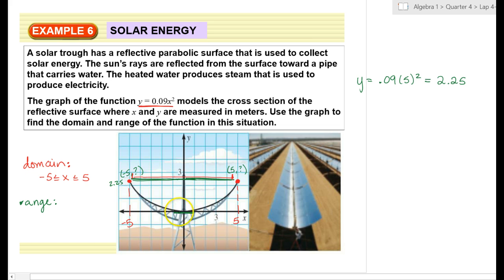So my range goes between the bottom of this trough at 0 to my highest point, 2.25. Again, it doesn't continue infinitely. It's an actual trough. That trough does not continue infinitely. So it's bounded.